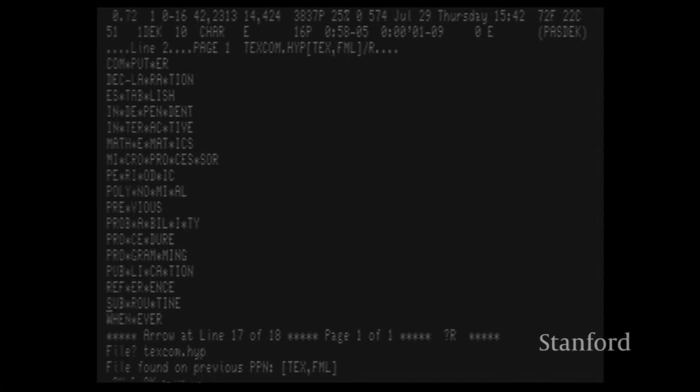Now, if we want to look at the whole dictionary, and this is Webster's Pocket Dictionary. That was the dictionary that was largely the basis for these hyphenation patterns.